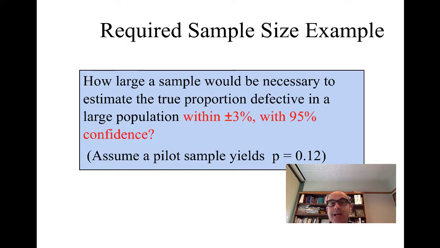The idea here is the required sample size within plus or minus 3 with 95% confidence, assuming that a pilot study gives p equal to 0.12.